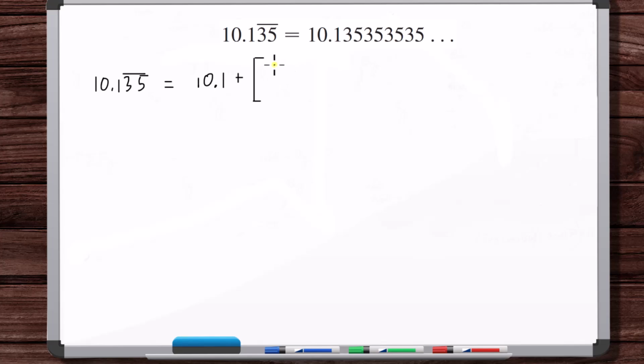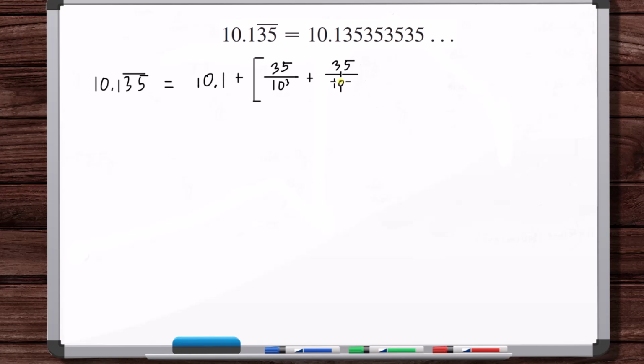No, so we start with 35 over, this is not going to be over 100, this is going to be over, this is the thousandths place. This is 35 over 1,000, which is 0.035. Now 35 over, and now we need 0.00035.